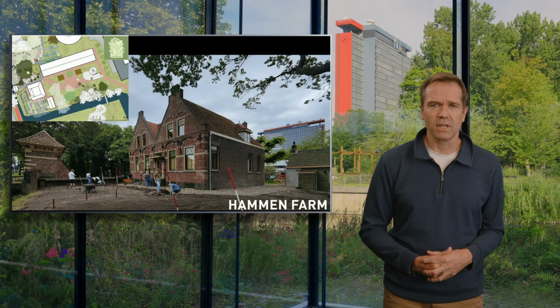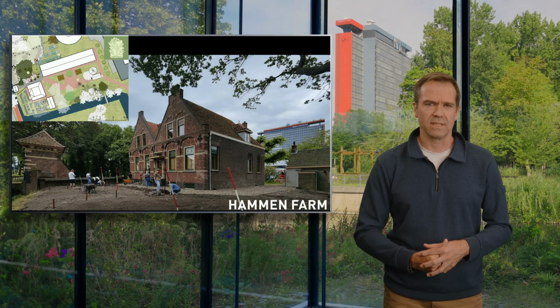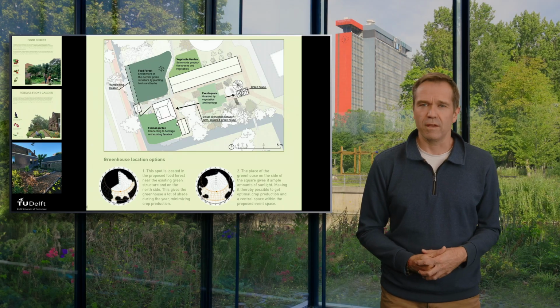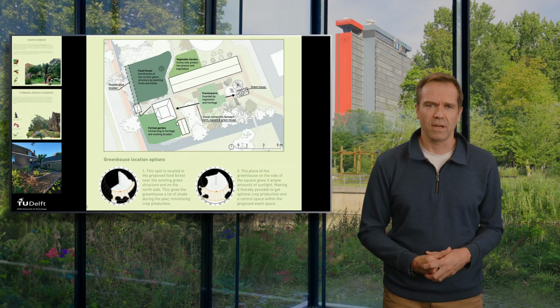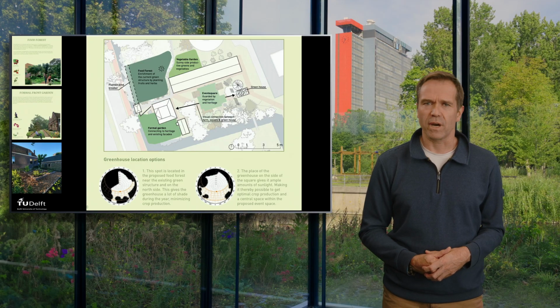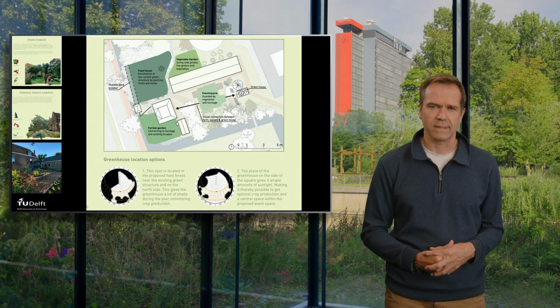Here the Hammond farm is reinvigorated with new ideas and students building their designs. Designs of a formal garden, a food forest, a vegetable garden and an event square, a place where students and staff can go. Ecology and biodiversity and people come together, strengthening each other in a symbiotic way.